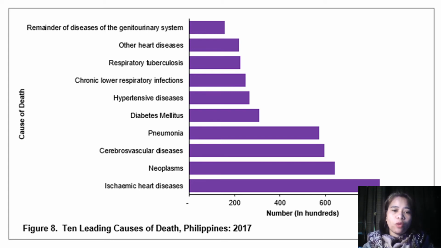Now, if we try to count, only 30% produces cause of death from the infectious side. So meaning to say, infectious diseases can easily be spread, but they can also be controlled. They can be prevented.